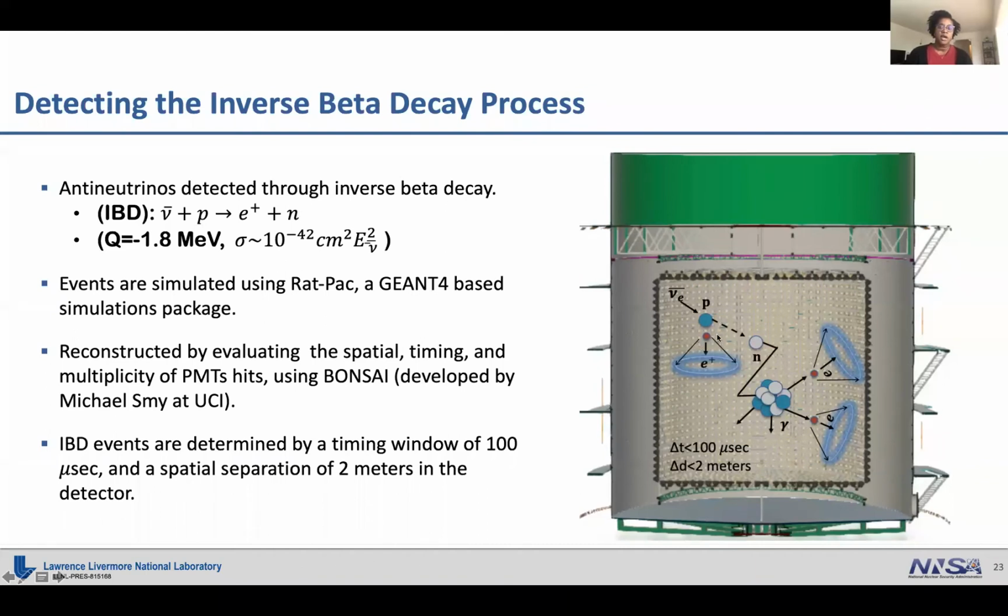The neutron, however, will scatter around on the protons within the water, and then capture on gadolinium. Neutron capture on gadolinium releases a large gamma ray cascade of about 8 MeV. But it's not like a scintillator where you are likely to see all 8 MeV of those gamma rays, because we're now looking at Cherenkov light.